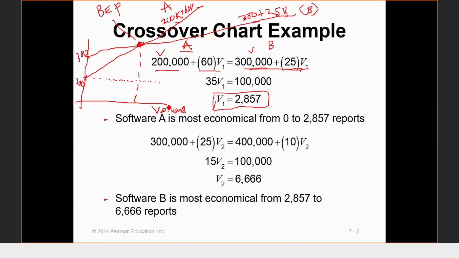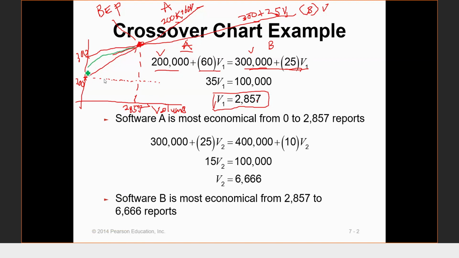So if we are producing more than 2857, we should use software B because it is cheaper. This line is cheaper. But if we are producing less than 2857, we should use A. A will be cheaper.